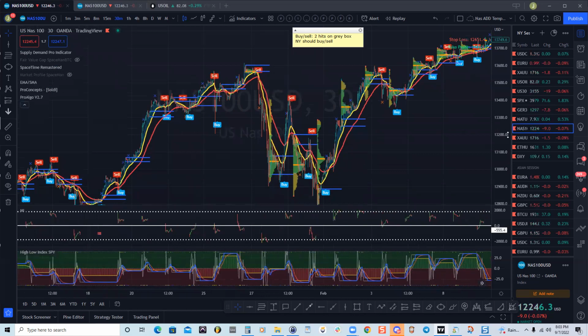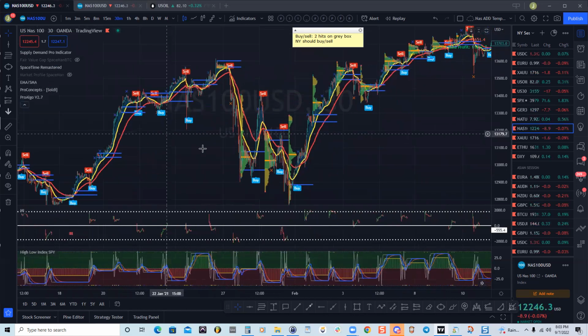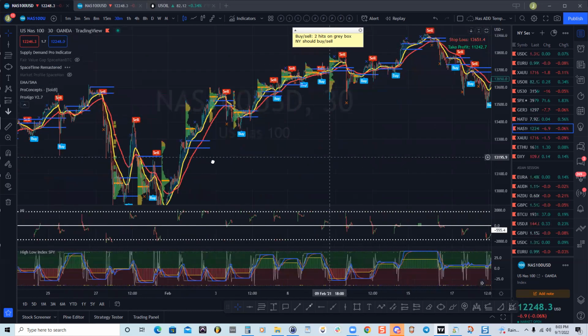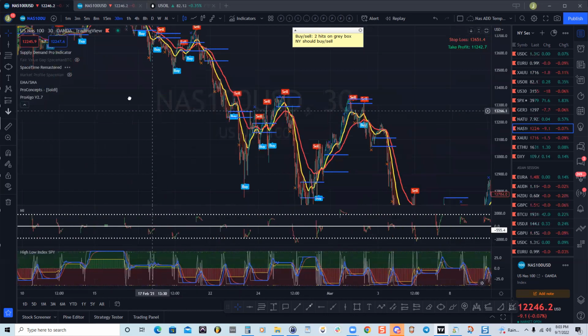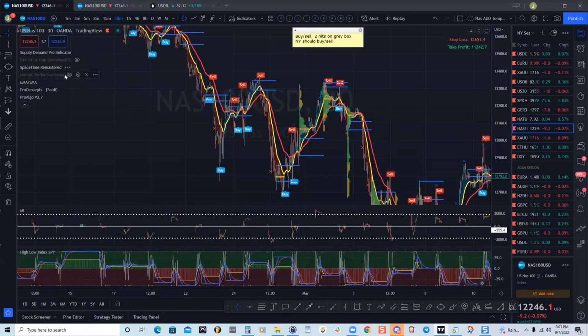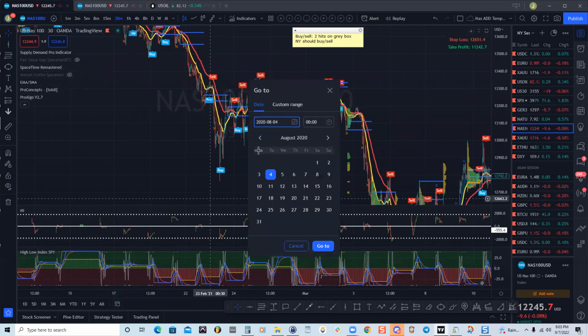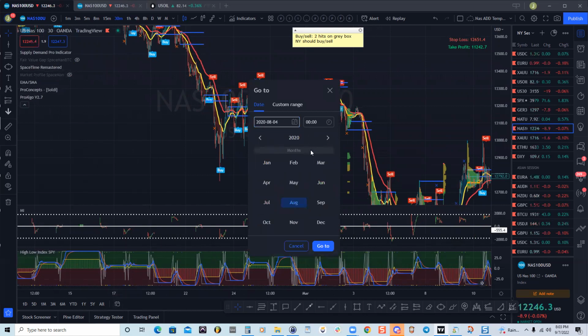And so what we got? Maybe it doesn't go back this far. Maybe it's too far. Remember, it's dealing with data. Let's try to go back. Maybe 2020 is too far back. Try May 2021.